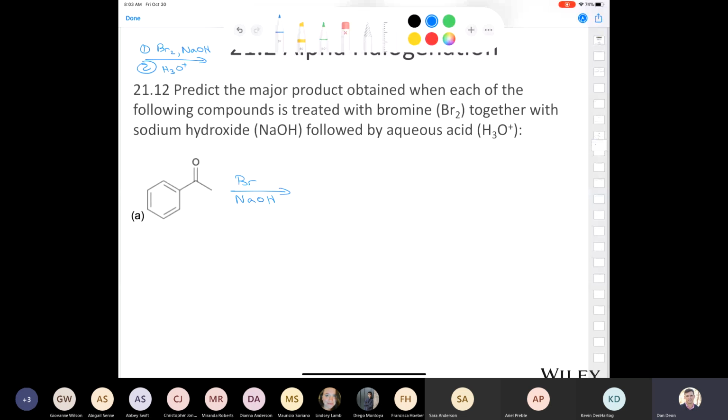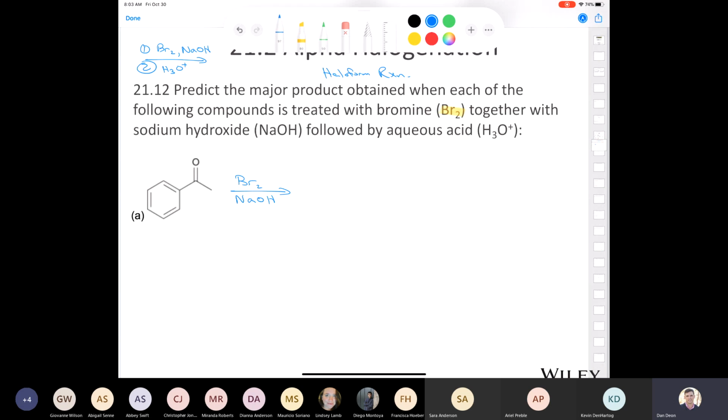And this is called the haloform reaction. And when you do the haloform reaction with bromine, we can in fact call this the bromoform reaction.